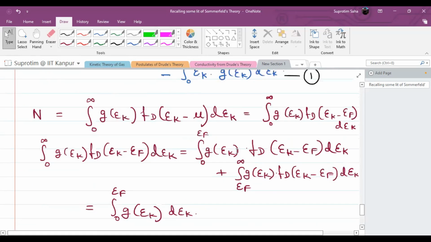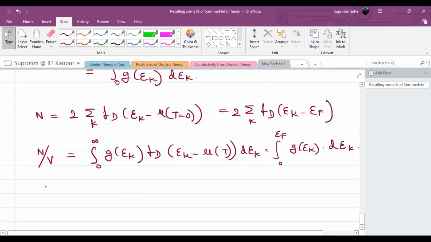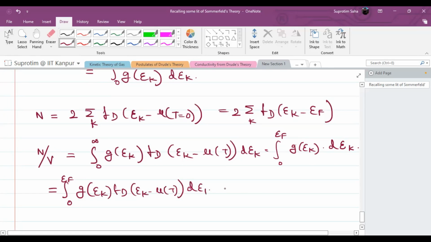Earlier we also saw that the integral from 0 to infinity, calculated at mu at t not equal to 0, can be split also, right? 0 to Ef of g of Ek Fd of Ek minus mu t d of Ek plus Ef to infinity of g of Ek Fd of Ek minus mu t d of Ek.